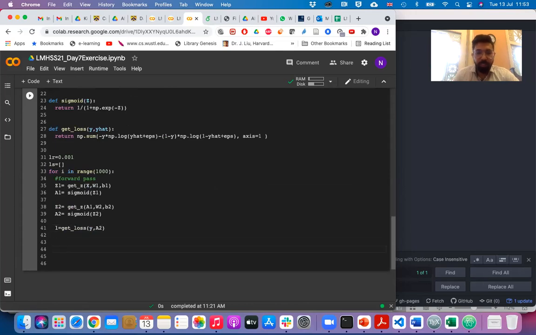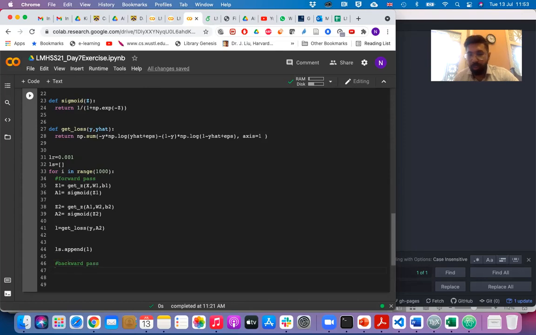Okay, so we are set. Now let's append it to our loss vector. Now we need to do the backward pass, calculate the gradients. So remember, for the gradient, we start from the end, right? So we would have to calculate the gradient with respect to Z2 first, right? So what was the expression for dZ2?